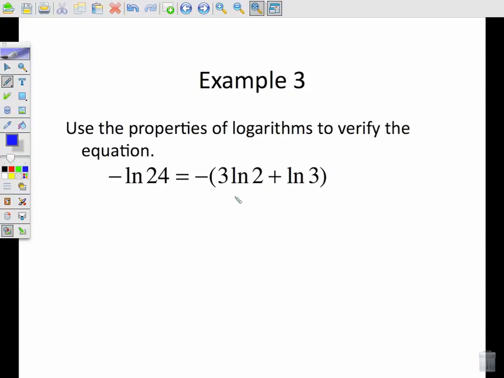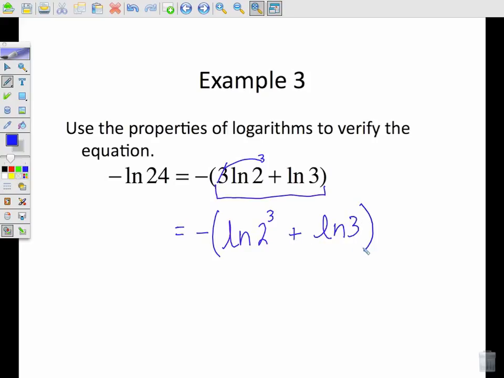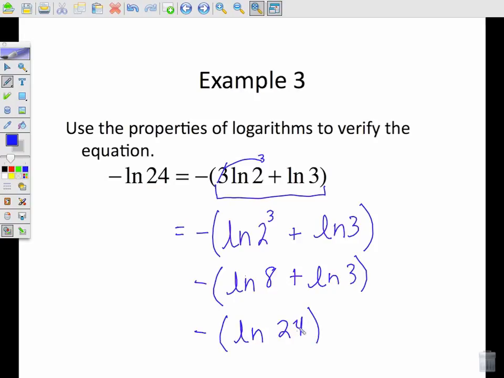Use the properties of logarithms to verify the equation. Let's go ahead and work on the right side, and we're going to show that we can get ln of 24. I know that this 3 is a power here on the 2, so it's ln of 2 to the third plus ln of 3. 2 to the third is 8, so it's ln of 8 plus ln of 3, and then you can combine those to be ln of 24.